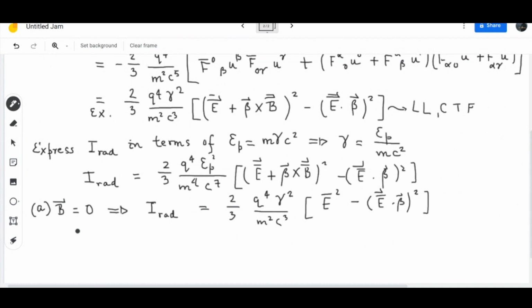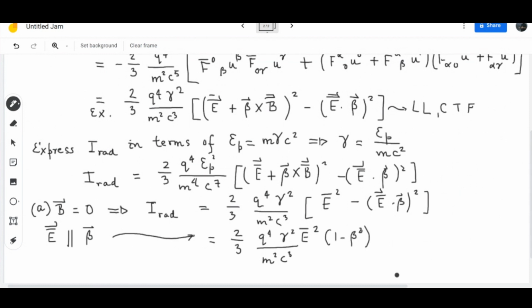So if we have a situation where E bar is parallel to beta, then I can take the capital E squared out, so in this case I_rad is equal to 2 by 3 q to the fourth gamma squared divided by m squared c cubed, E bar squared times 1 minus beta squared, right? Only if they're parallel.